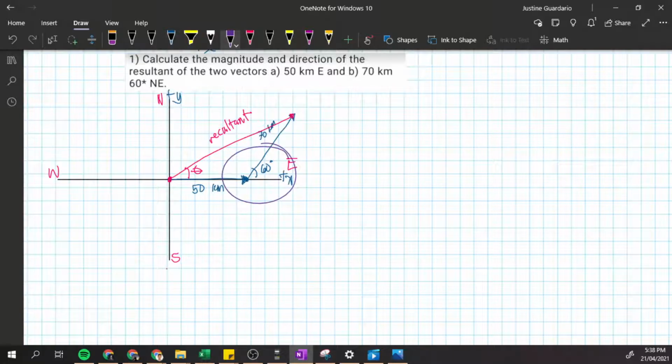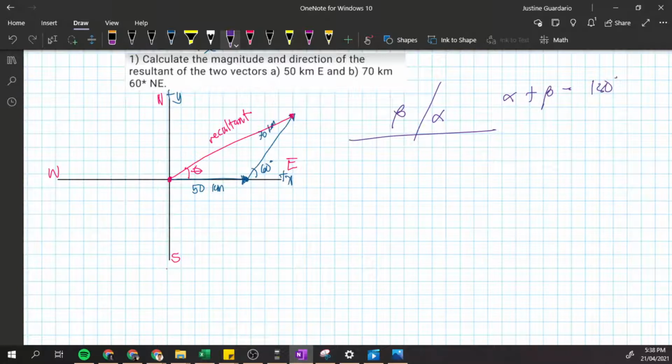According to this portion, makakagawa tayo dyan ng supplementary angles. Let's take note, if we have a straight line, tapos may angle dyan, these two angles, alpha and beta, alpha plus beta is equal to 180 degrees kapag straight line yung nasa baba nila, di ba? And if nagsum sila ng 180 degrees, therefore, supplementary angle sila.